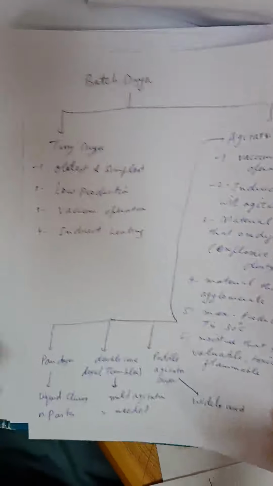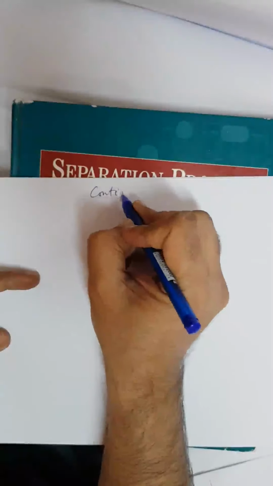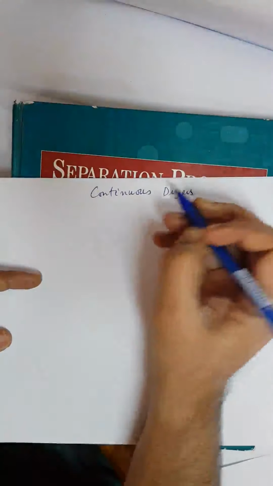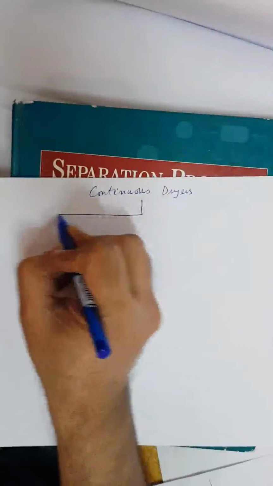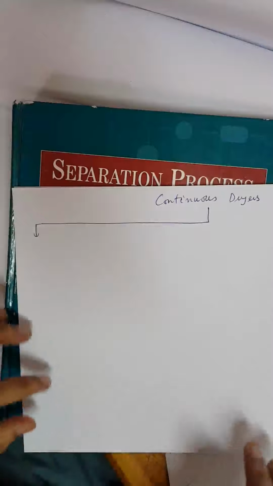So there are only two batch dryers, and there are about nine continuous dryers. Continuous dryers. Let's talk about the first one. You can see more detail in my slide.